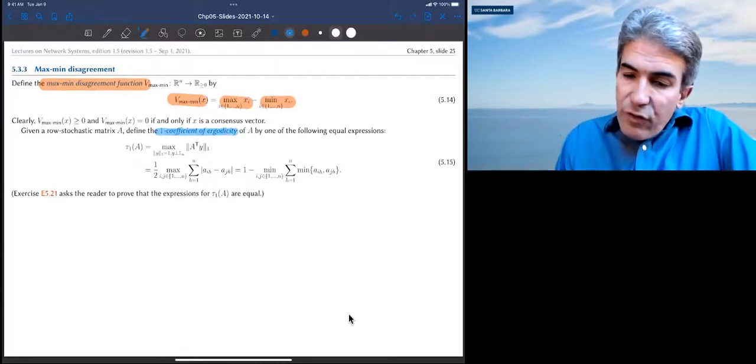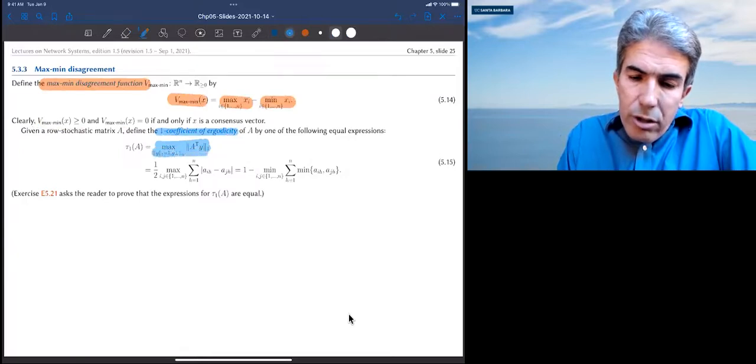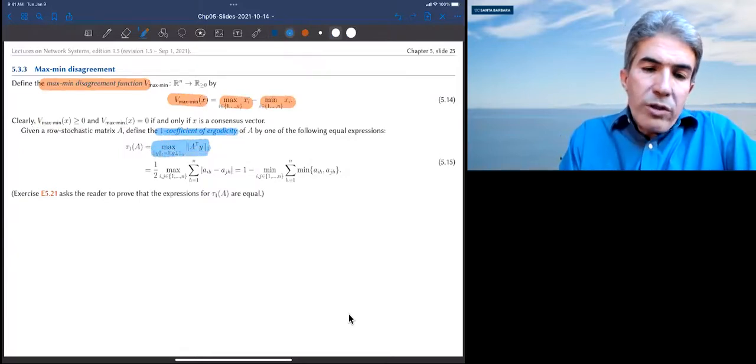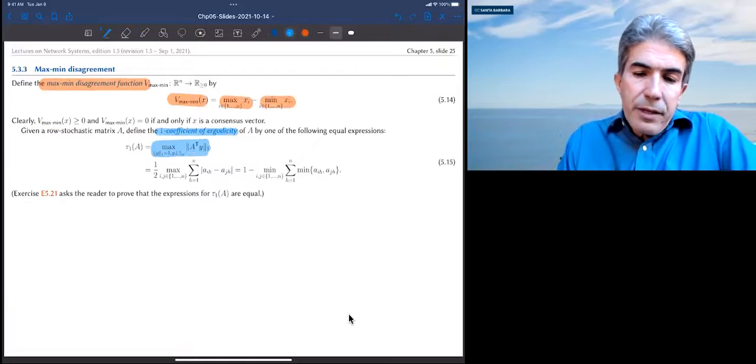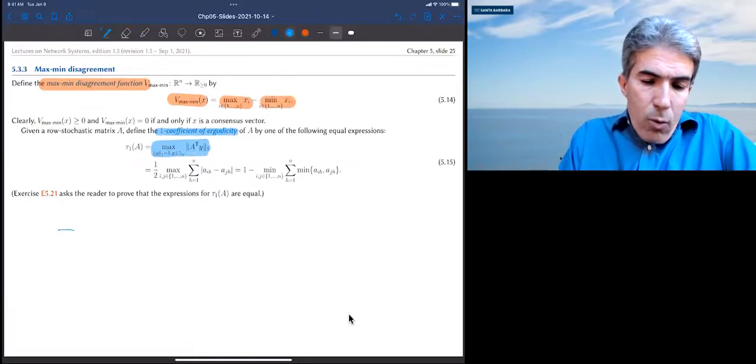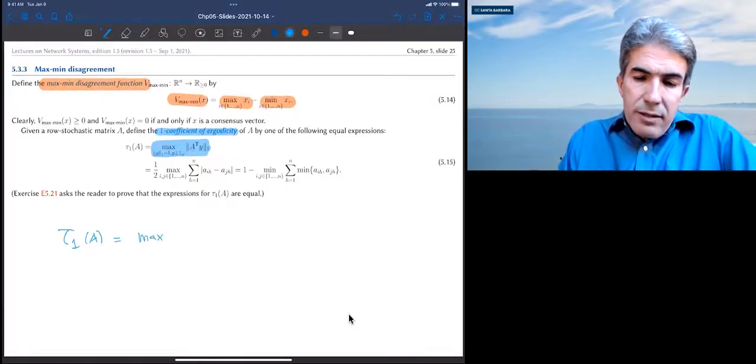And if you look at this formula, the first row, this is exactly as before with one notable difference. So tau 1 of A is the maximum value achieved by A transpose y when the norm of y is 1 and y is perpendicular to 1n.